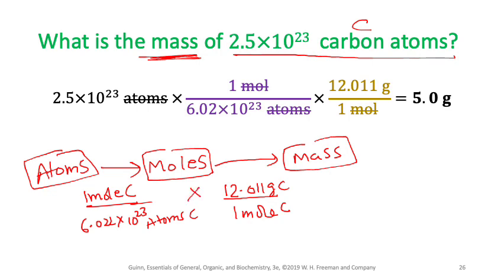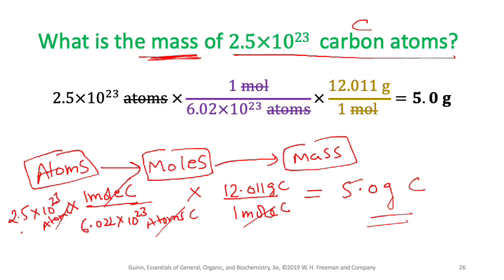Multiply everything with your given number, which is 2.5 times 10 to the power 23 atoms of carbon. So atoms of carbon got cancelled, moles of carbon got cancelled, multiply, divide, solve these numbers, and you end up with 5.0 grams of carbon. So that means if you have this number of atoms, you have 5 grams of carbon.